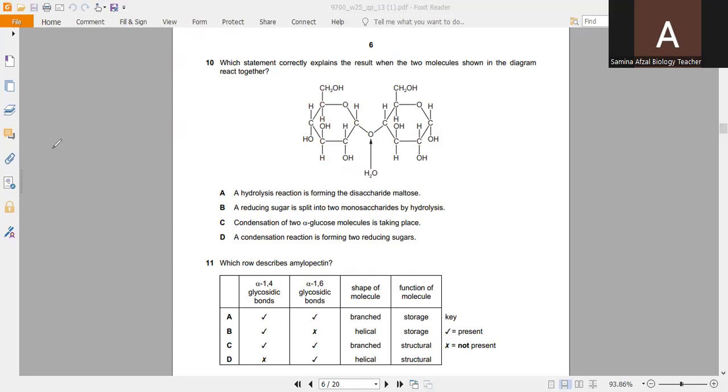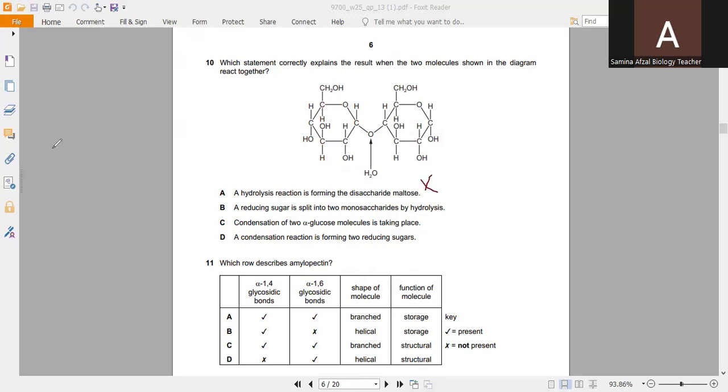A reaction where molecules join together with the removal of water is a condensation reaction. And where water is added, this is the hydrolysis reaction. So here the hydrolysis reaction is forming the disaccharide maltose.